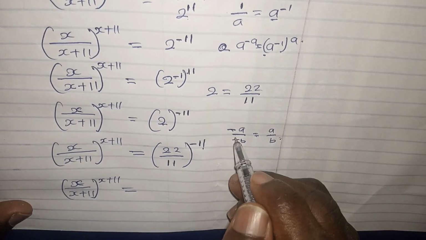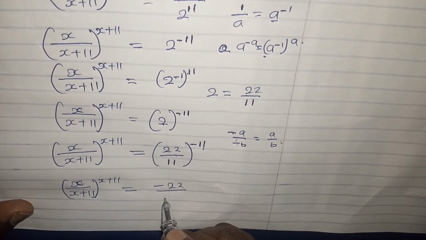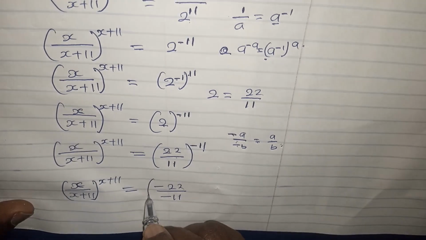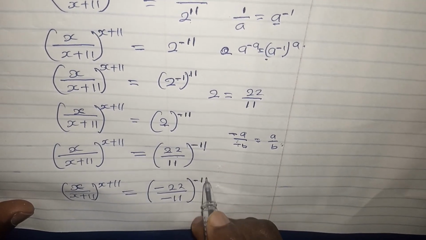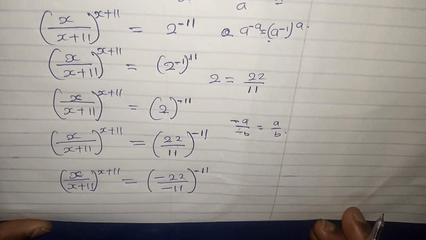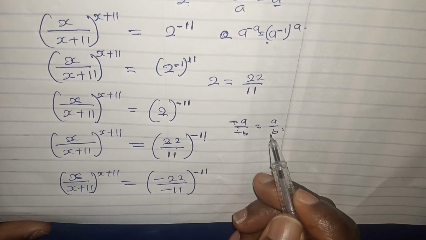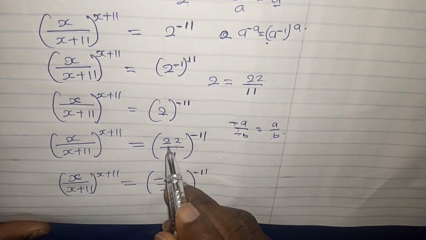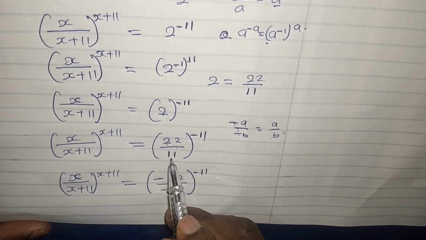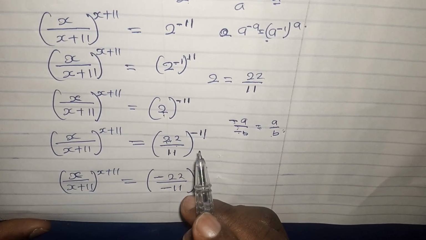So if we obey this principle here, we can have this to be minus 22 over minus 11, all to the power of minus 11. So the minus sign will cancel off, and if this 11 cancels off this 22, we are going back to this. So the question remains the same.